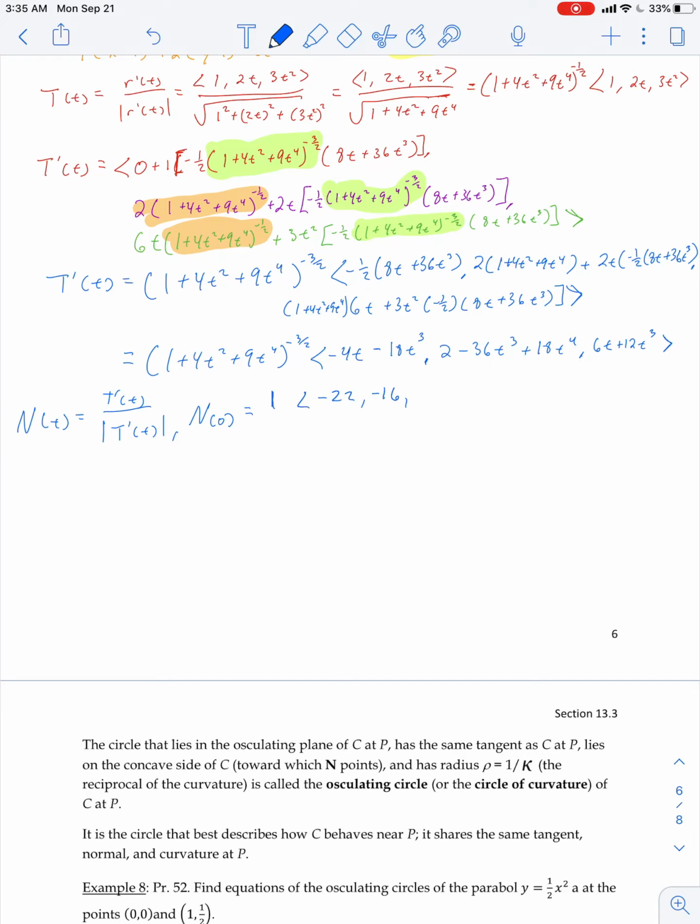And then plug in again, I'm sorry, not 0, but 1. I get 6 plus 12, which is 18.